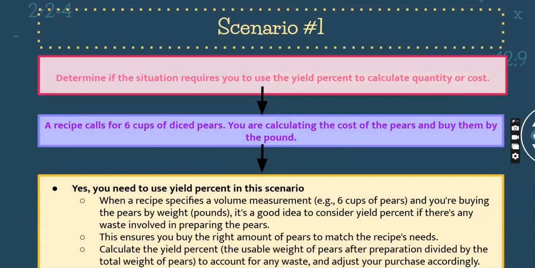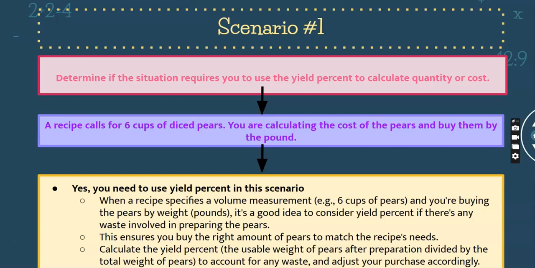Scenario 1: determine if the situation requires you to use the yield percent to calculate quantity or cost. A recipe calls for 6 cups of diced pears. You are calculating the cost of the pears and buy them by the pound. So yes, in this scenario, you need to use yield percent. Why?